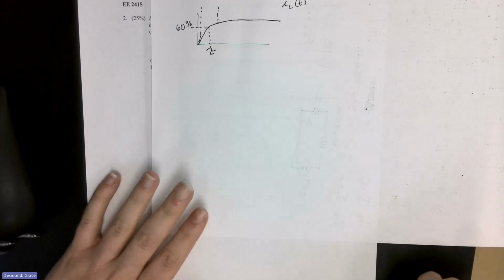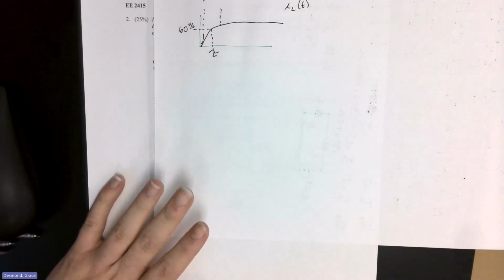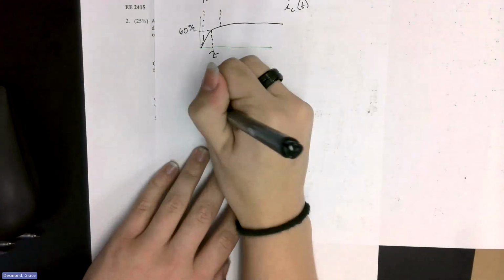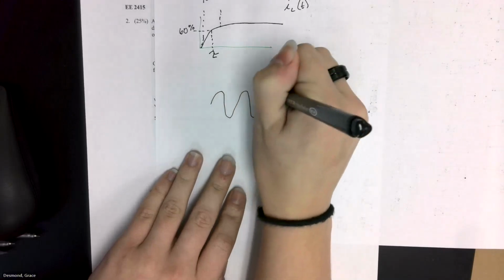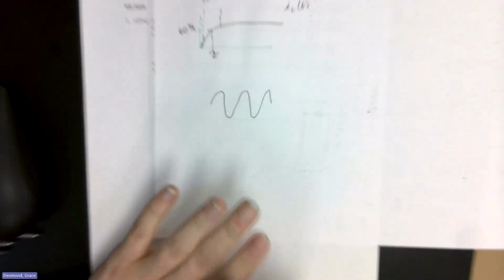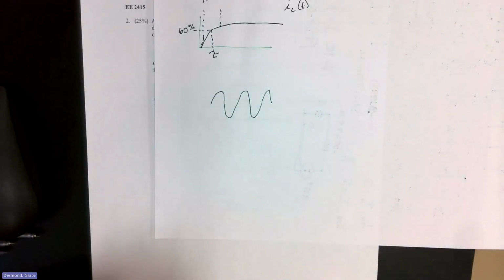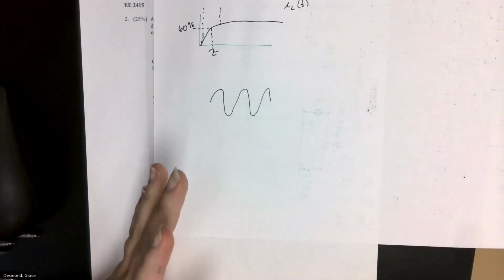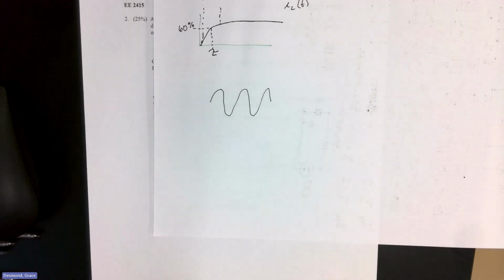Sinusoidal steady state says, instead of just applying a DC current, we're going to apply an AC current. Because the AC current is constantly moving up and down, it's never going to fully get to a straight line. It's never going to be fully charged or fully discharged, and if it is, it's for a very, very short time.